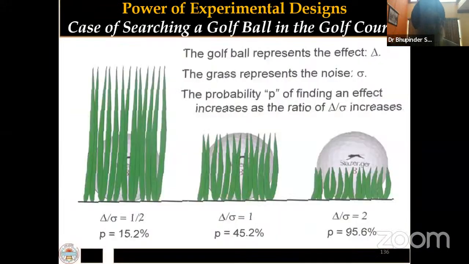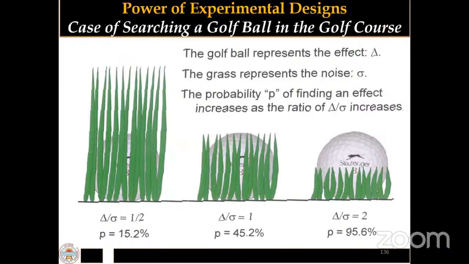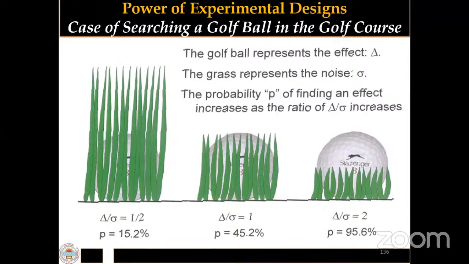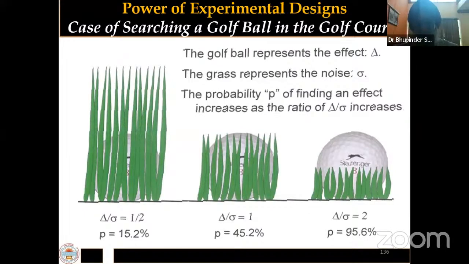If the ratio of the diameter of the ball and the length of the grass is 1/2, that is, diameter is half and length of grass is double, then only 15% possibility is there for the golfer to spot that ball.